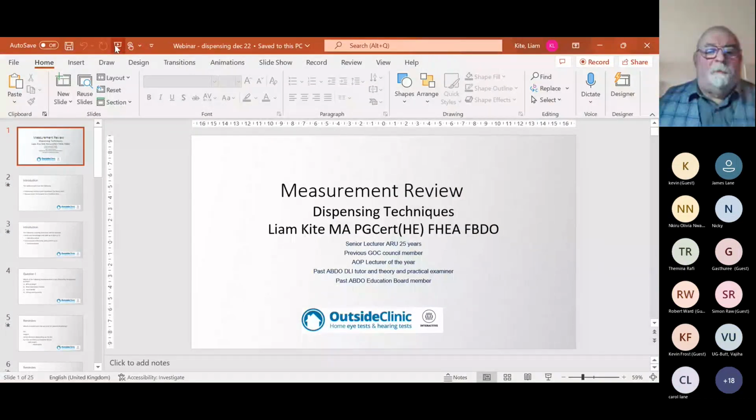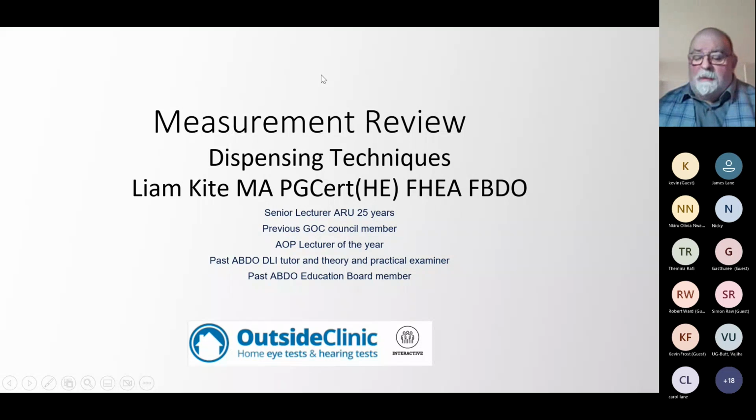So what I'm just going to start by doing is sharing my screen with you. And what we're going to do is have a look at several different little bits and pieces, little tips on how we can do the measurements.